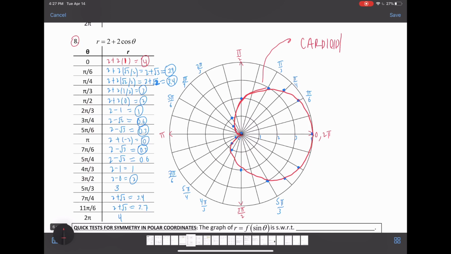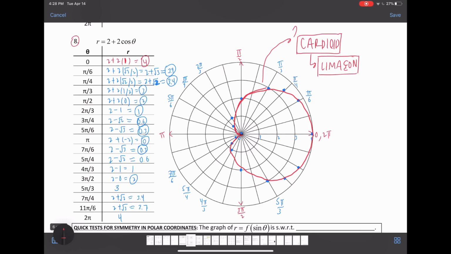And a cardioid is a special type of another graph called a limacon. L-I-M-A, and then the letter they use in French, a little C with a tail on the bottom, limacon. Kind of sounds like lima, or looks like lima bean to me.